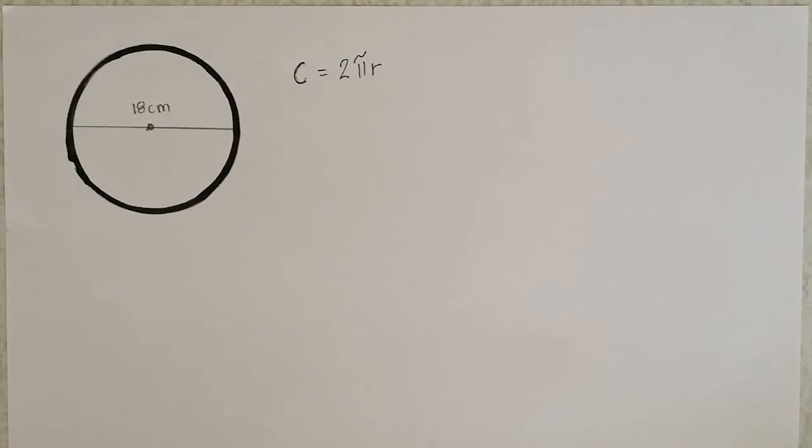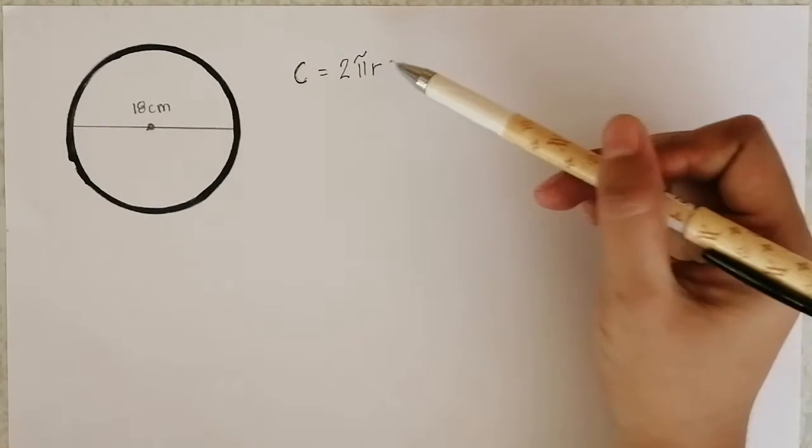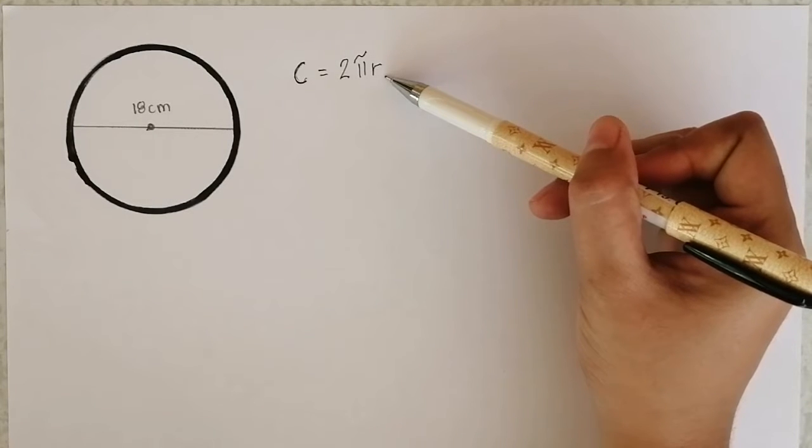Now let's find first the circumference of a circle. I have here a circle with a given 18 centimeter diameter, which splits the circle into two equal halves. To get the circumference of a circle, we could use the formula circumference is equal to 2 pi r.